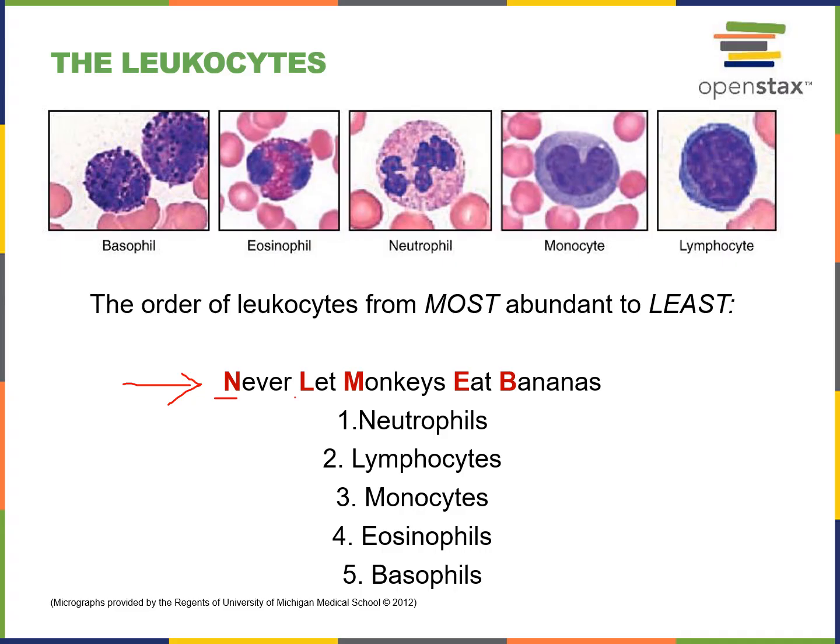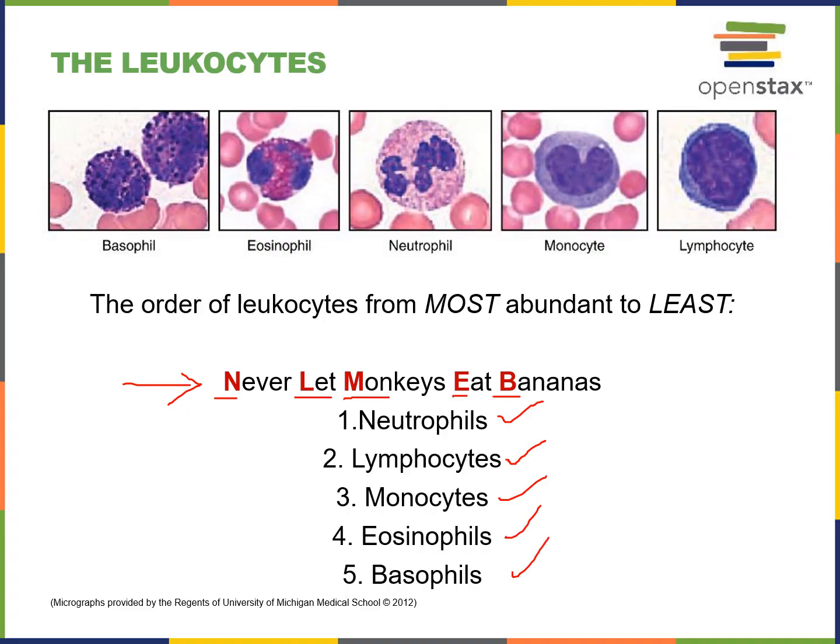Never let monkeys eat bananas. And the first letter refers to the names. So neutrophils are the most abundant in any sample of blood. Lymphocytes are next. Monocytes, eosinophils, followed by basophils.